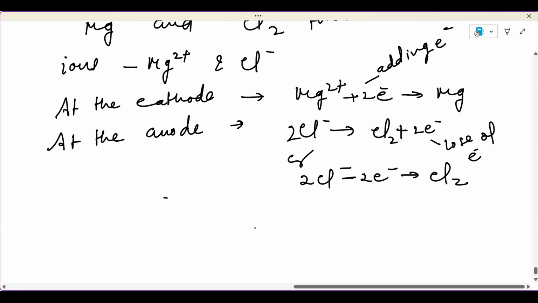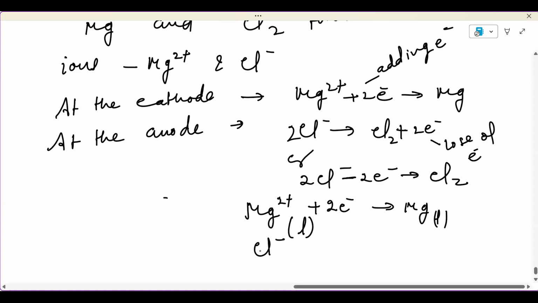So the overall reactions would be Mg2+ in liquid state plus 2 electrons becomes magnesium metal, also in liquid state, and chloride ion in liquid state becomes chlorine gas after losing electrons, right? I hope it is clear to you.